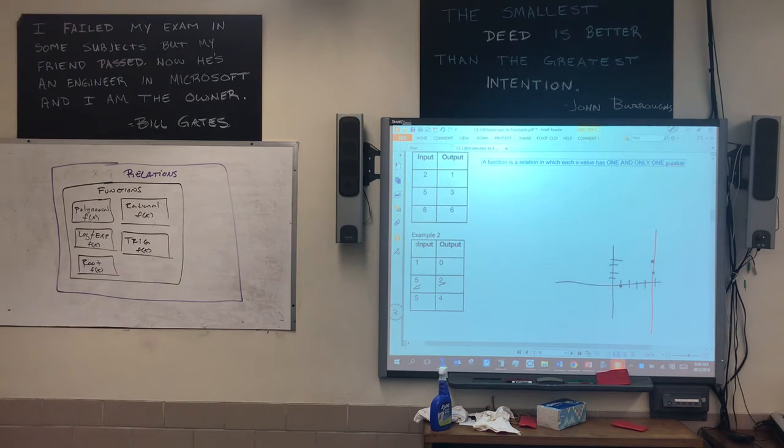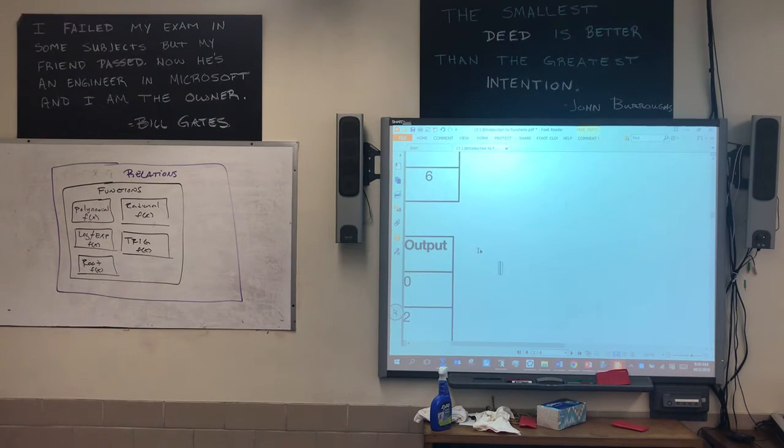You might be presented with this in a table, but I could give you something like this. We're going 3, 2, 4, 5, 1, 0, and then 3, -3. And I ask you, is that relation a function?